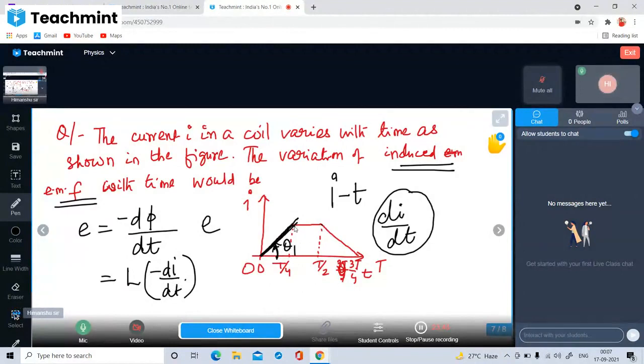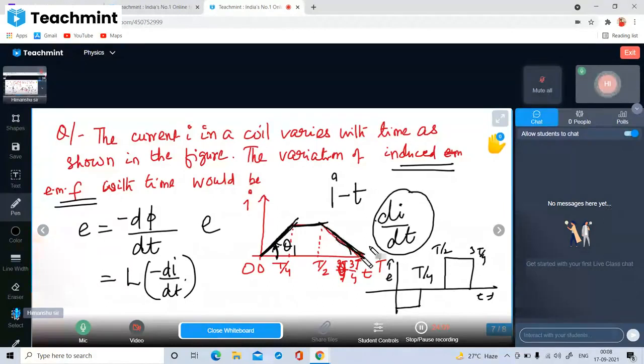When it is at rest, that means di by dt is 0, so EMF is 0. So we can make the EMF and t graph. From 0 to t by 4, it is negative. And again, from t by 2 to 3t by 4, declining means a negative slope. Why? Because this is the slope theta 2, and it is tan of 180 minus theta 2, that means minus tan theta, because it is in the second quadrant.